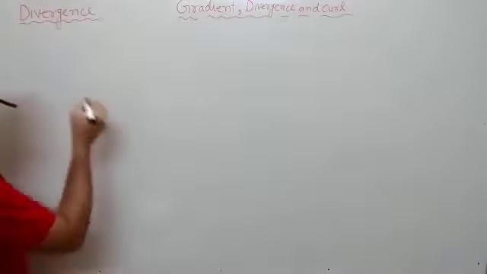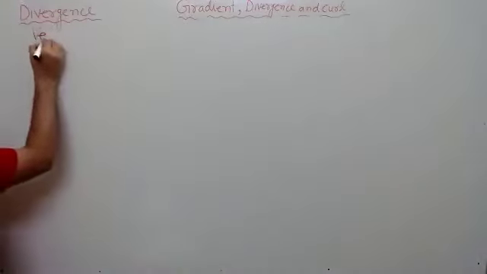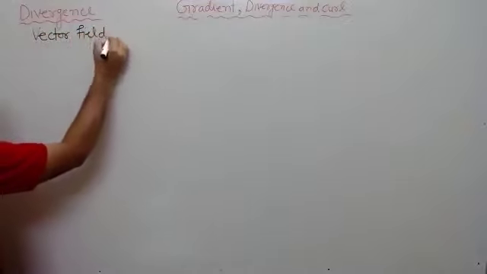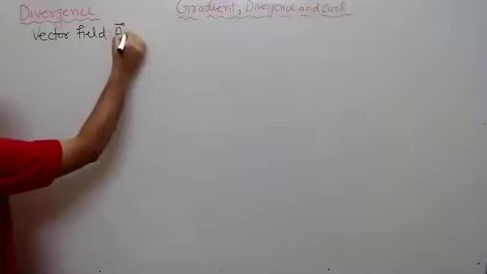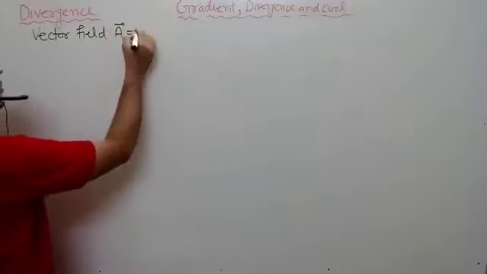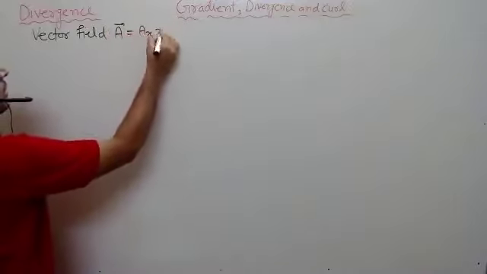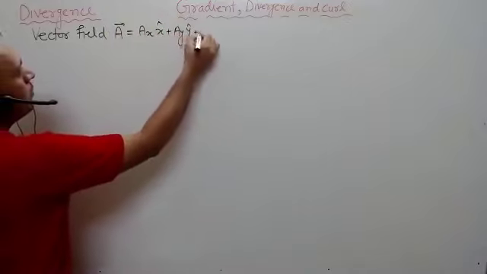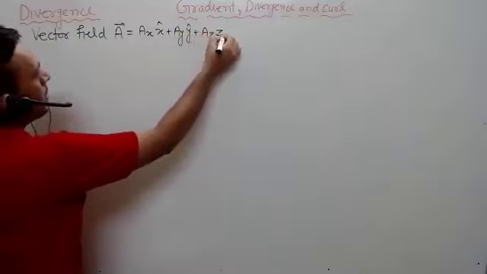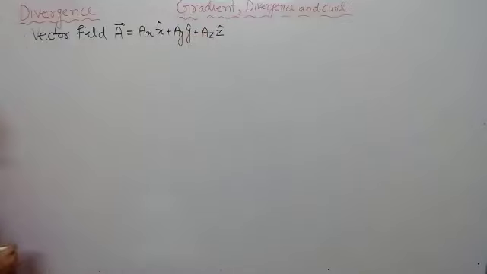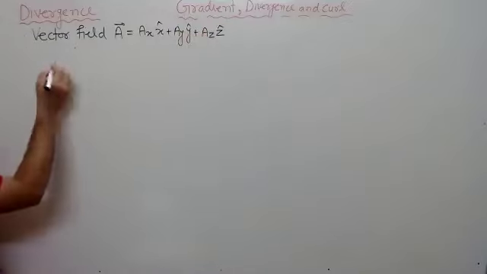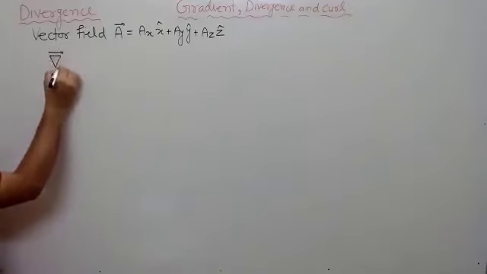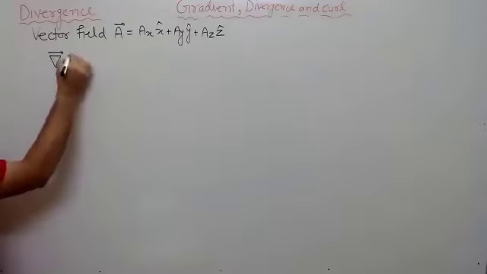So let us take this vector field. A is ax x cap, ay y cap, and az z cap. And you know the del operator. So divergence of A is defined as del dot A.